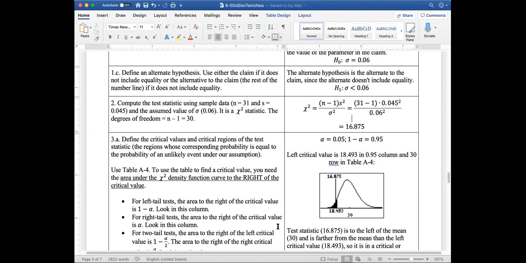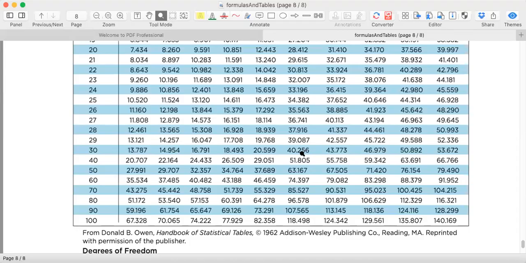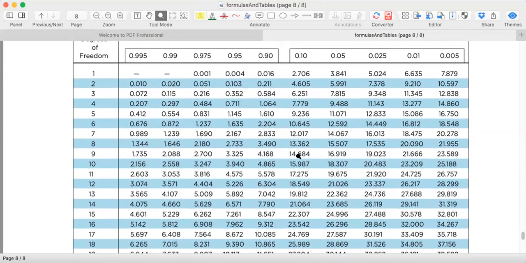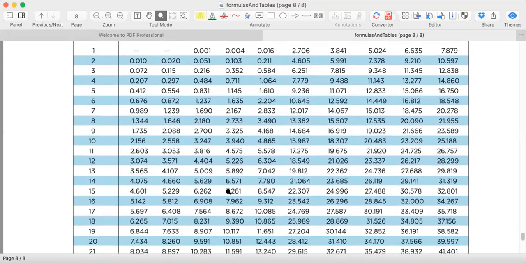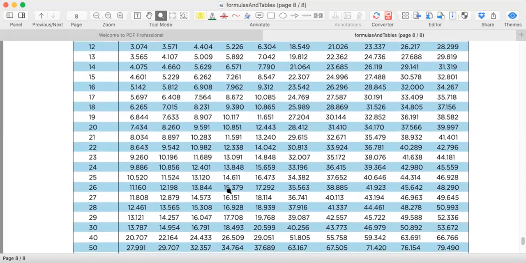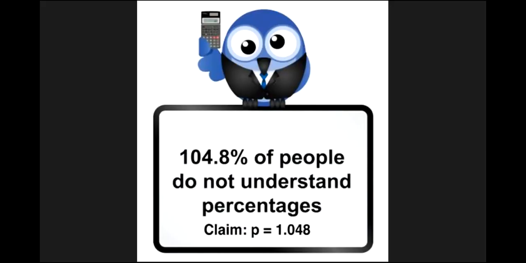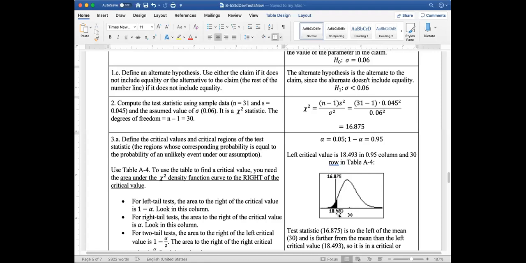So we would look in the 0.95 column, and we're looking in the 30 row because our degrees of freedom was 30, and we get 18.493. So if we go back to our document, 18.493 is a critical value.